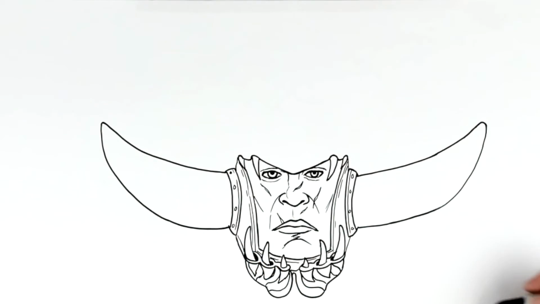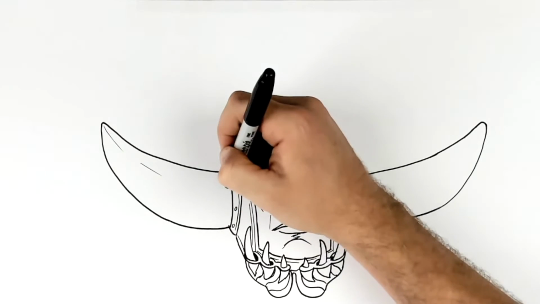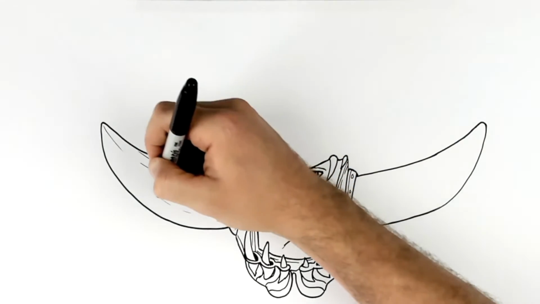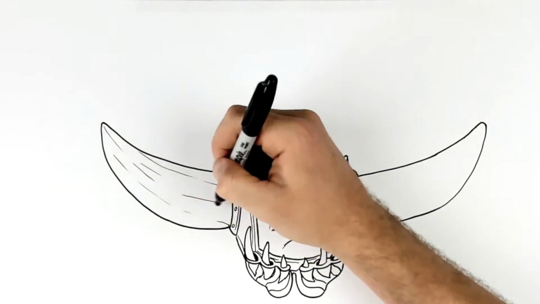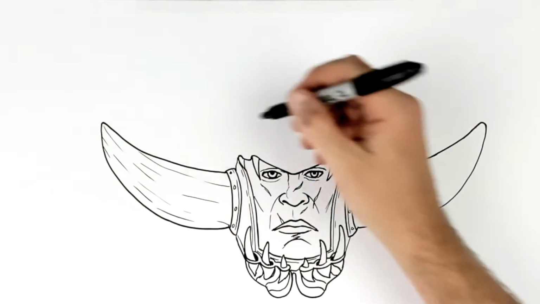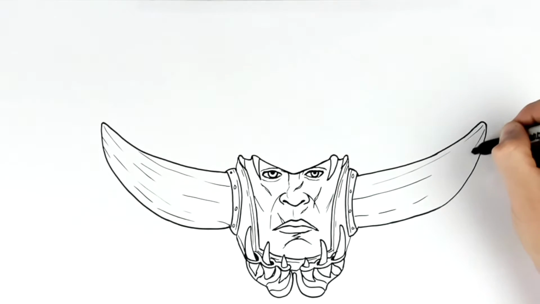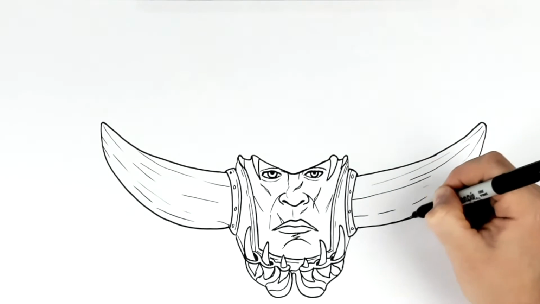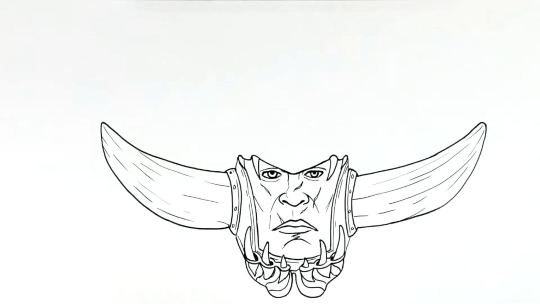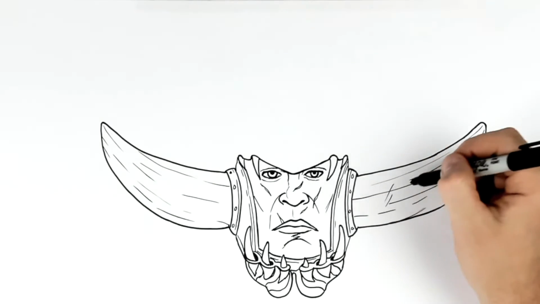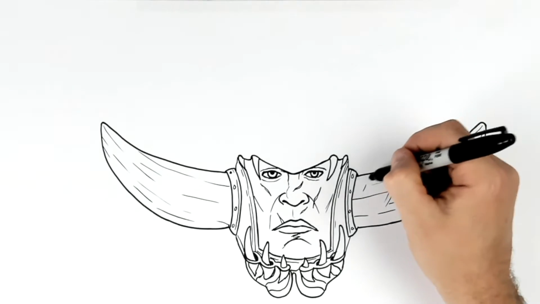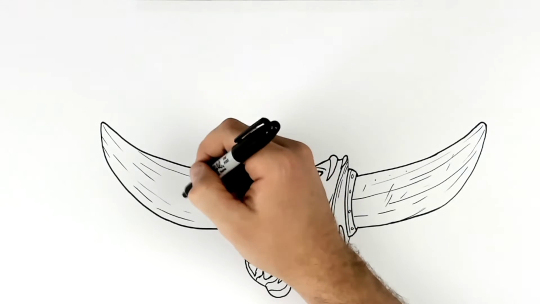Like so. And then it's got like texture all over. And some like scratches and things and dirt and stuff.